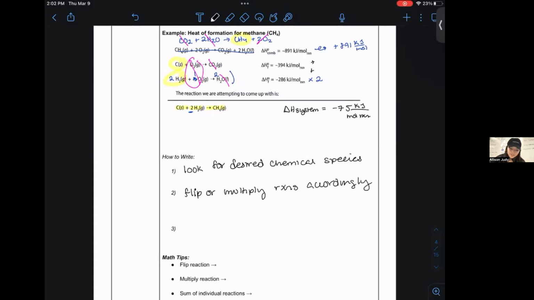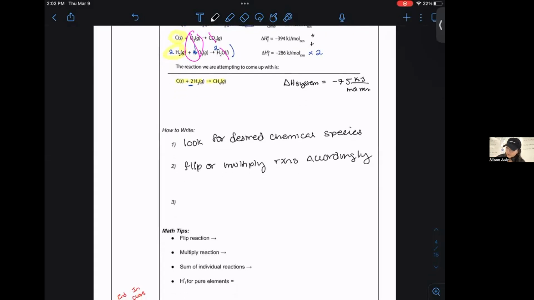Step 3, reflect all algebraic manipulations to the H values and sum up.